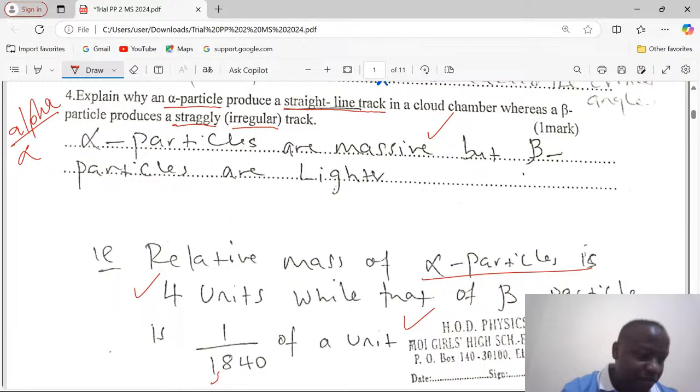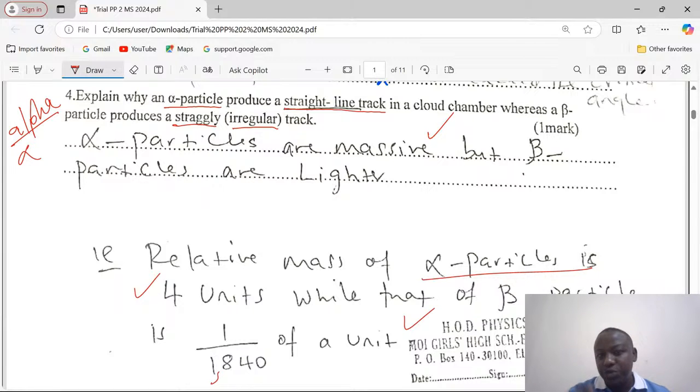The answer that could have come in a better way: I must make learners aware that the reason we are talking of a straight line track is that the tracks show the ionized particles, the ions formed.